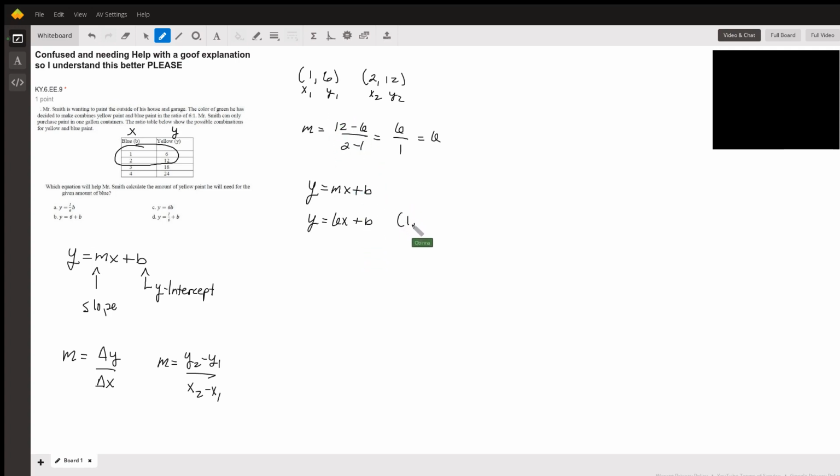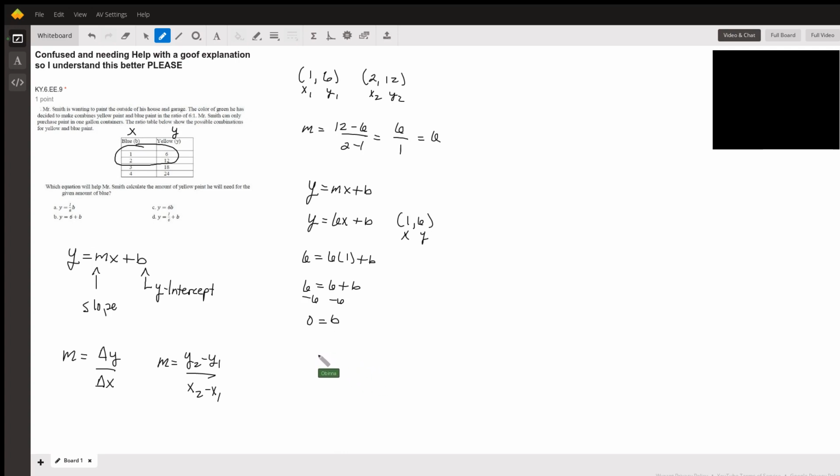In this case, I'll use 1 comma 6 to discover what the b variable is. So x is 1 and the 6 is my y. So 6 equals 6 times 1 plus b. 6 equals 6 plus b. Subtract 6 from both sides to discover what my b is. In this case, my b is 0.